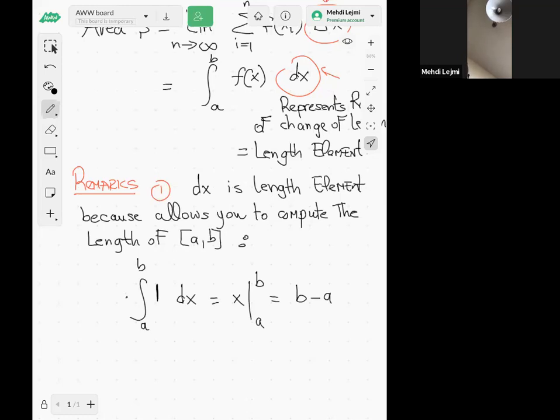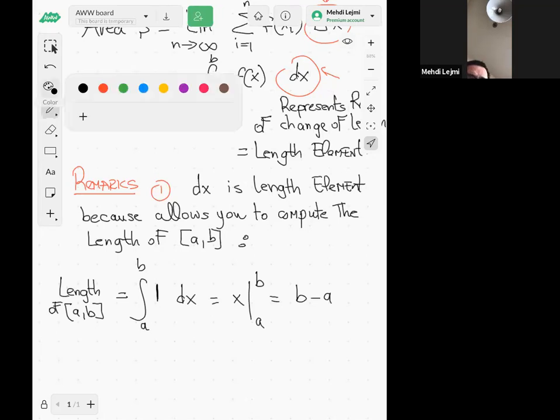So that's why we call this dx the length element. We're going to see later in the next sections that if you have a surface or a volume, then we'd have an area element or a volume element, etc. Anyway, this is the first remark.